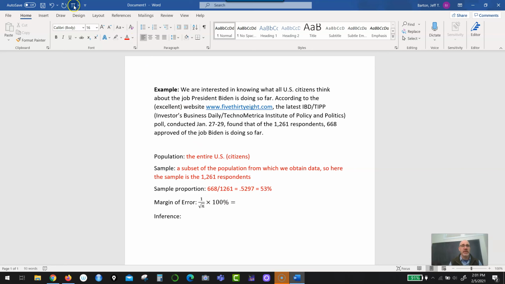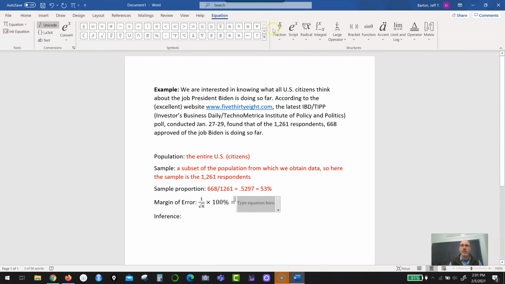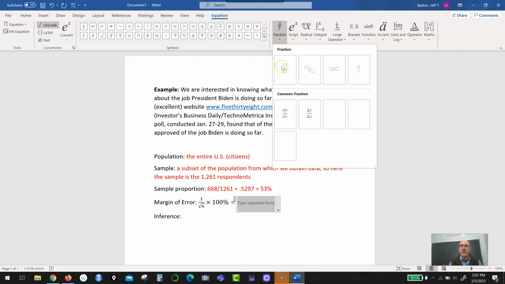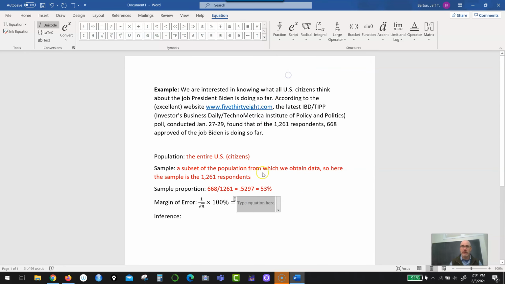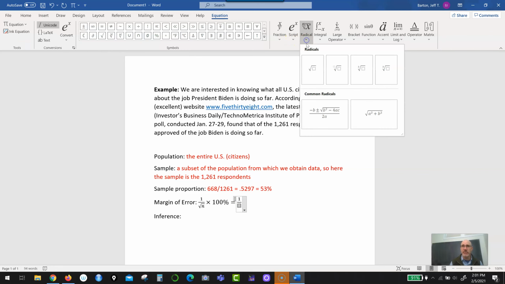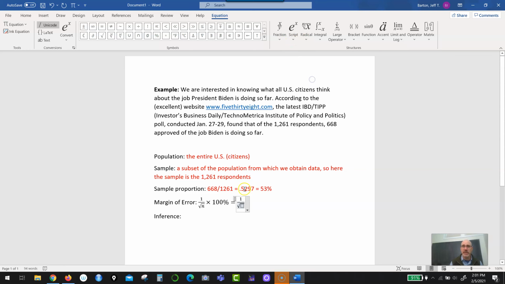But let's do that calculation now. So I'm just going to use the equation editor, which is sometimes a little slow. Let's see if it'll cooperate. Wow, that's really slow. All right, well, I guess that's because I'm recording. So I need 1 divided by the square root of the sample size. Right, that's what the little n represents.